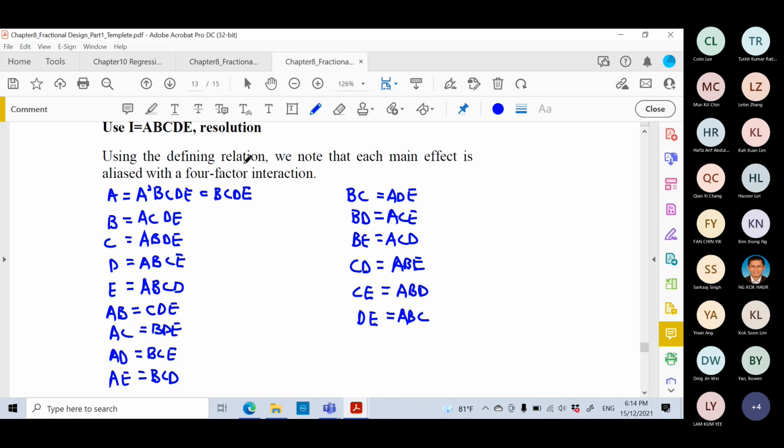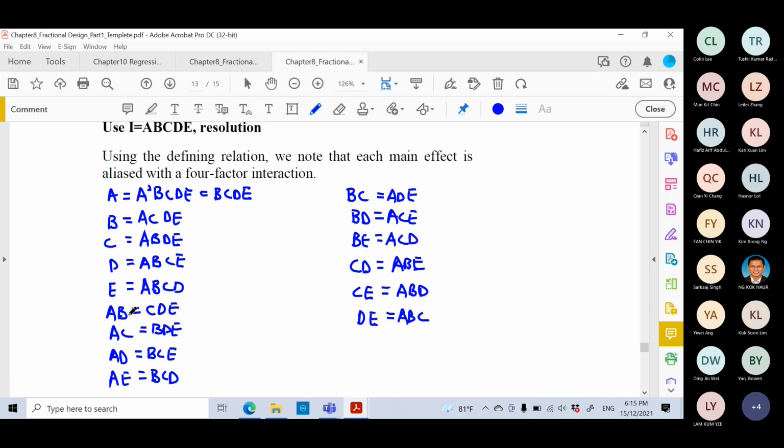Okay, so if you can recall, if your main effect is aliased with the two factor interaction, but over here you can observe that the main effect is never aliased with the two factor interaction, but the main effect is aliased with the four factor interaction.